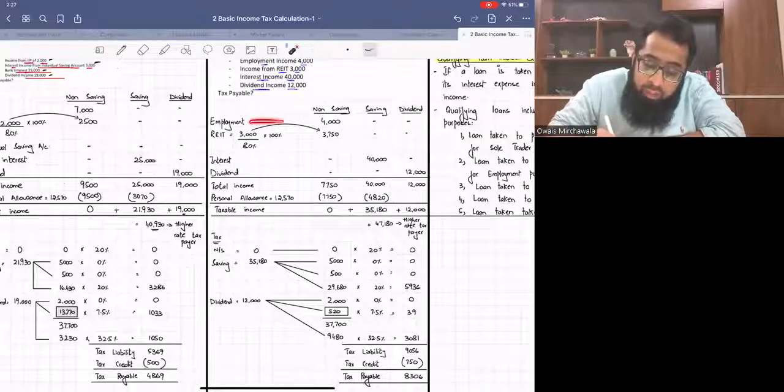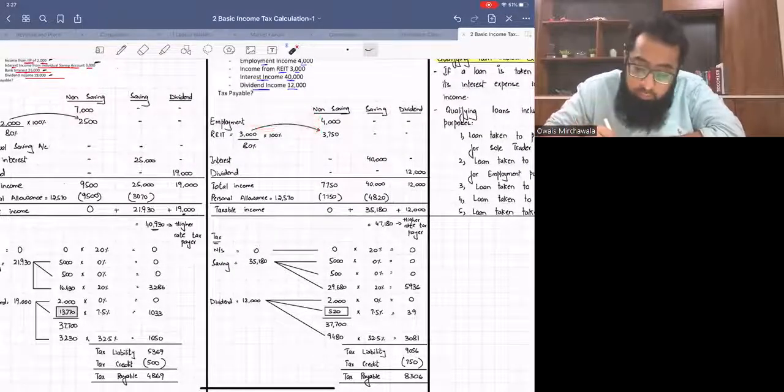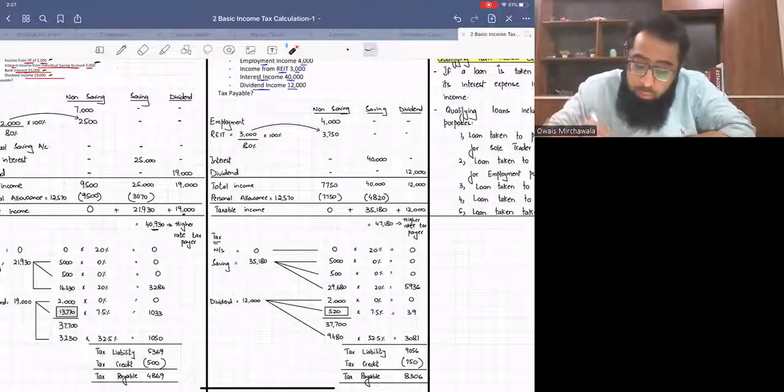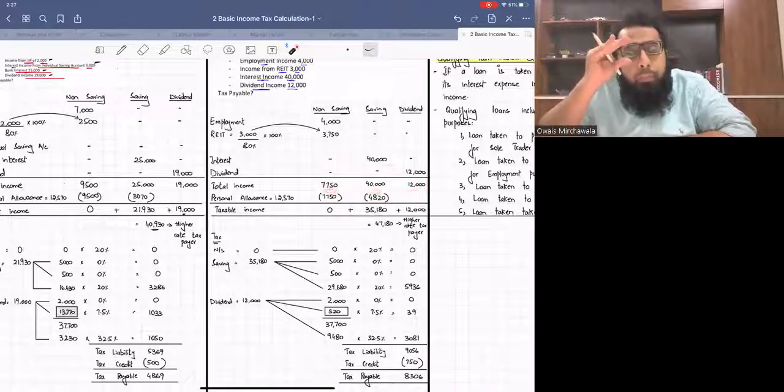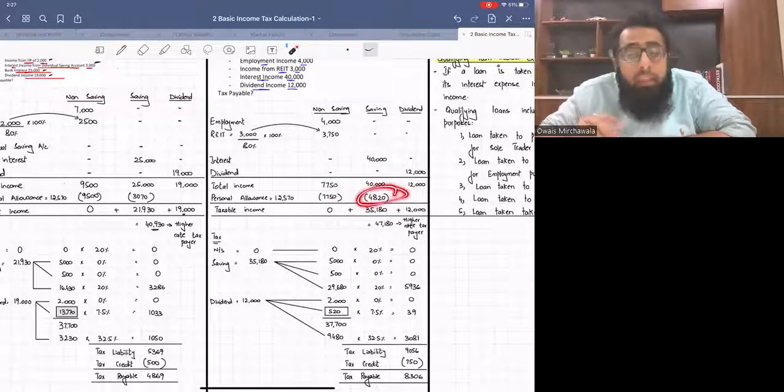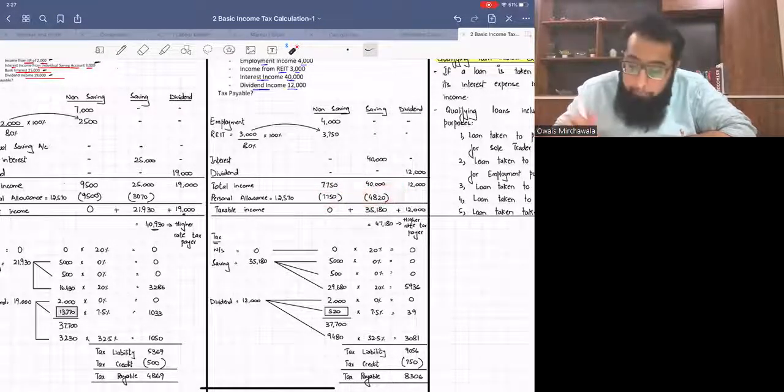First of all, we classified all the incomes. Employment is non-saving, REIT is non-saving with 20% withholding. Then saving income and dividend income. We arrived at the value of total income. Personal allowance is 12,570, first from non-saving and the remaining from saving. Then taxable incomes.